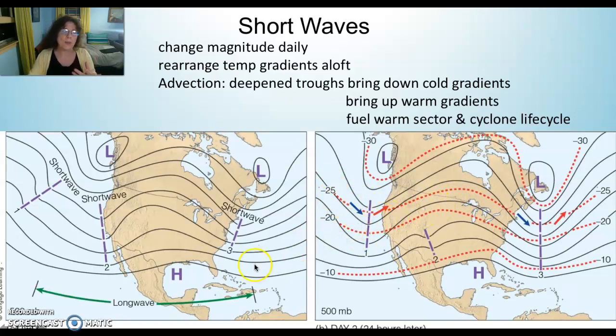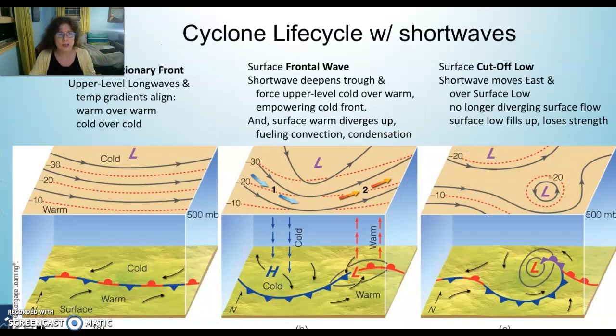Let's explore what this means for cyclonic motion and what this means for powerful storms, maybe for global warming too. When you have the second step of cyclogenesis, the frontal wave, and you have a short wave that has caused that frontal wave, remember, because it nudges down that cold sector of the stationary front by a short wave.